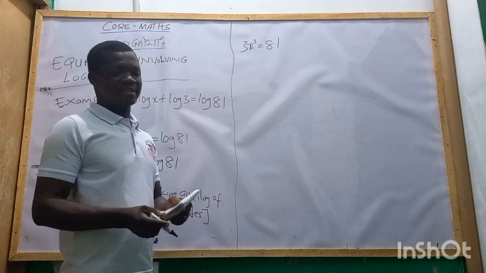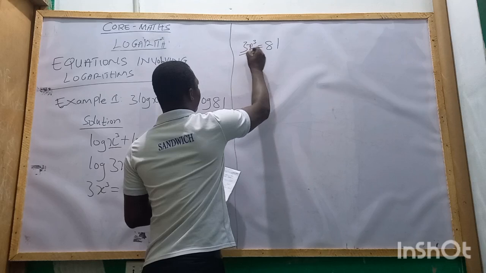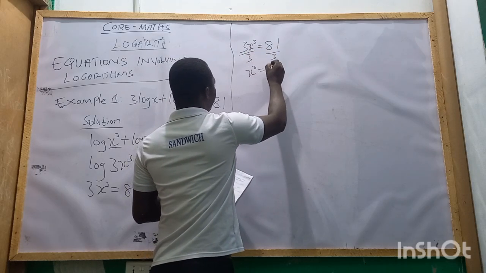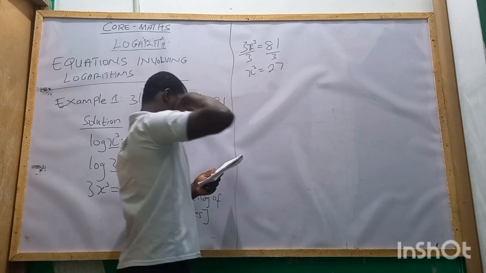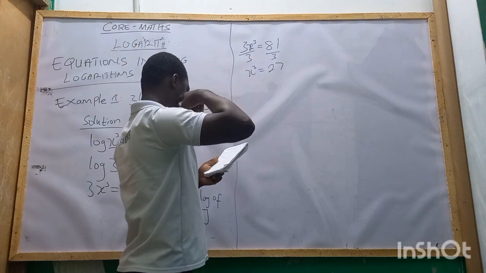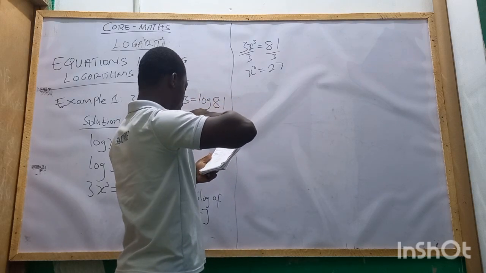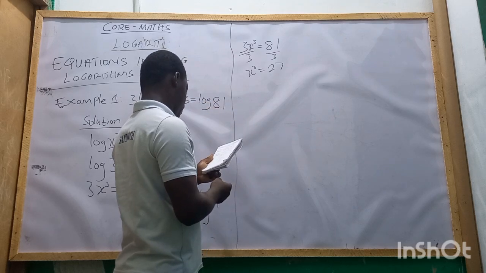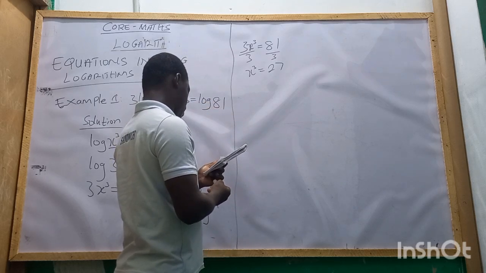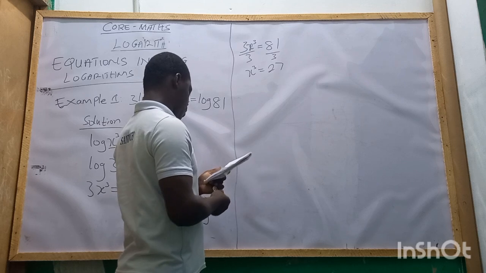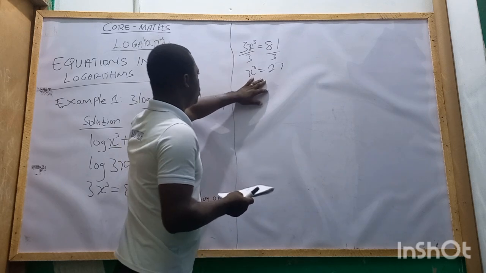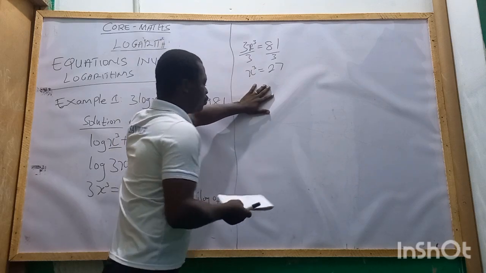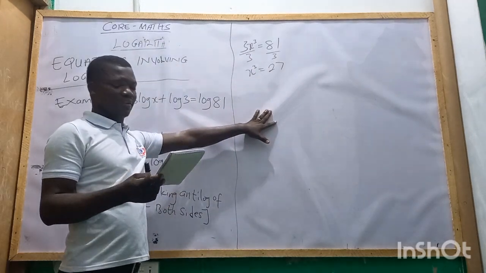So I need my x. I'll divide both sides by 3. So I have my x cubed equal to 27.